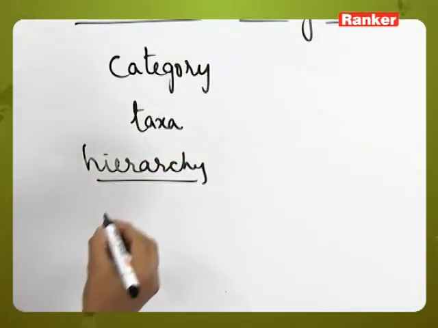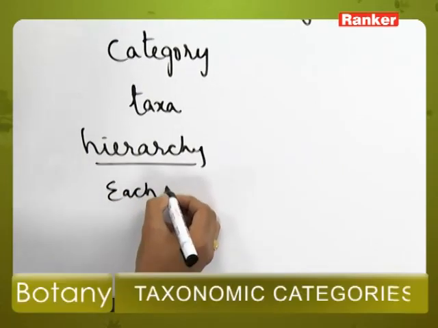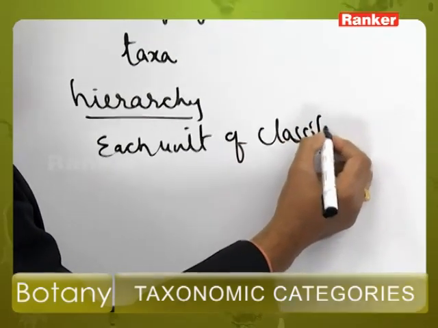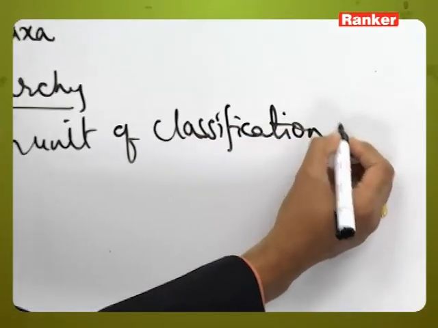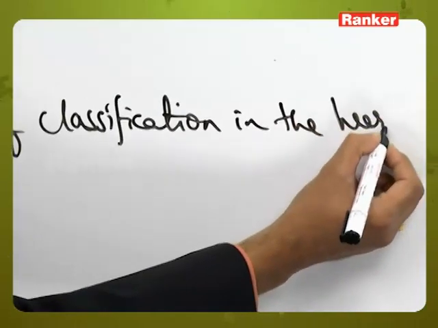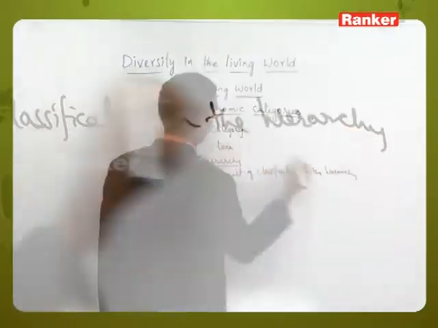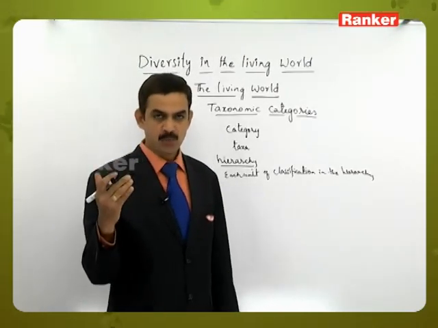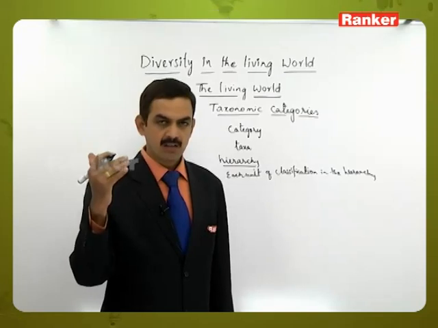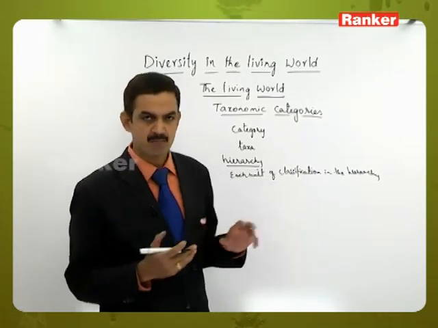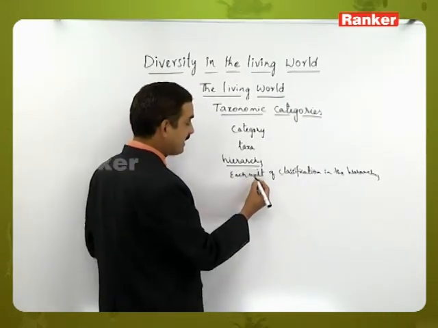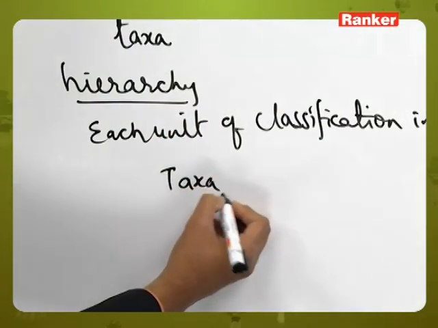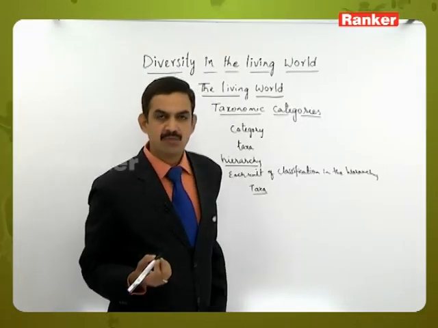So in this hierarchy, each unit of classification is called a taxa, irrespective of its position, whether it occupies the smallest position, the highest position, or any position in the middle. So irrespective of its position, each and every unit of classification is called a taxa. Likewise, different types of taxa are there.